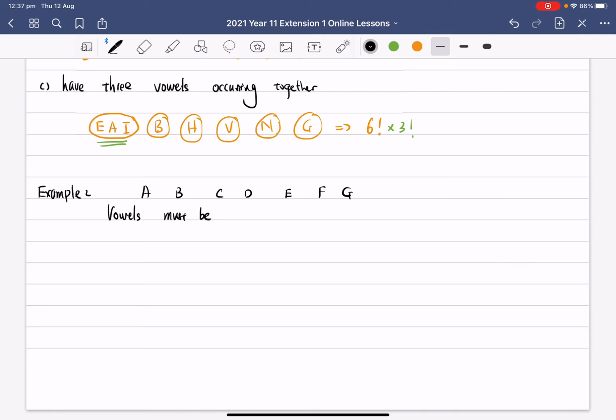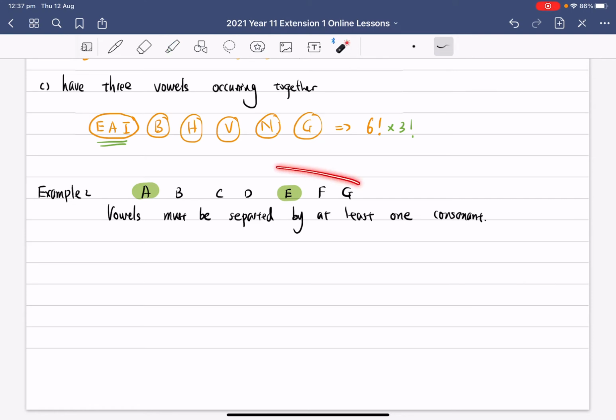So vowels must be separated by at least 1 consonant. This is a bit interesting. If you identify the vowels first, they are E and A. Now it says the vowels must be separated by at least 1 consonant.